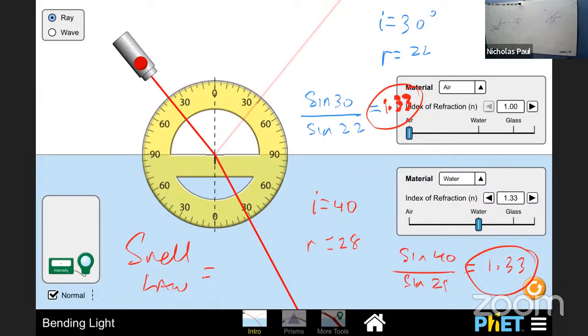Snell's law tells you that sine I over sine R is the refractive index.